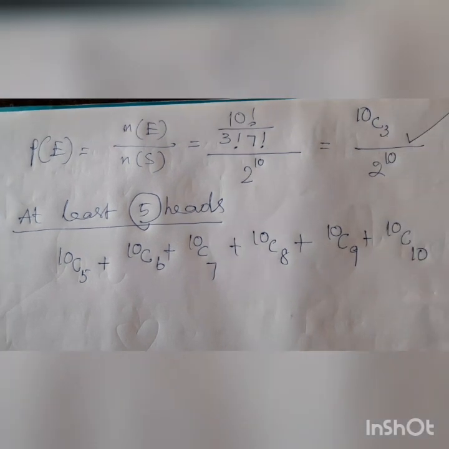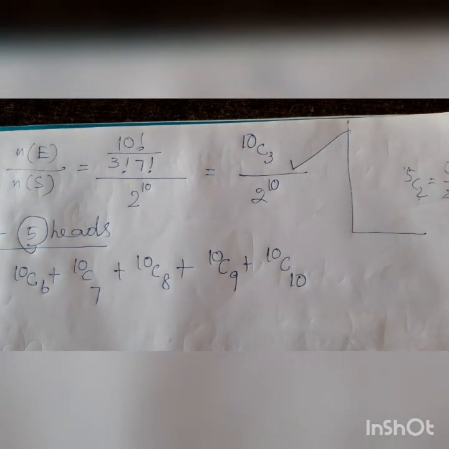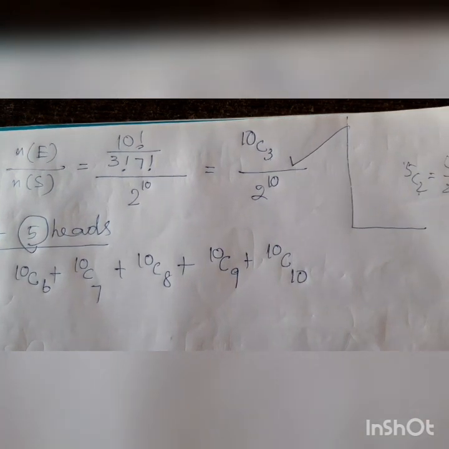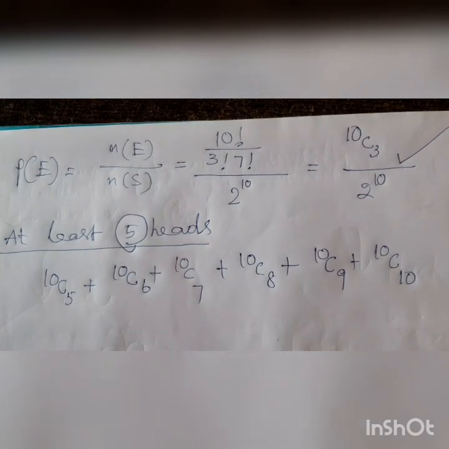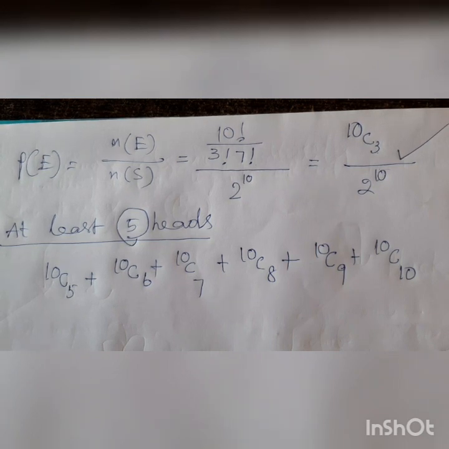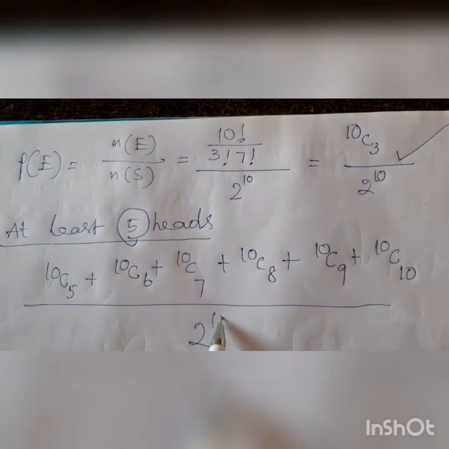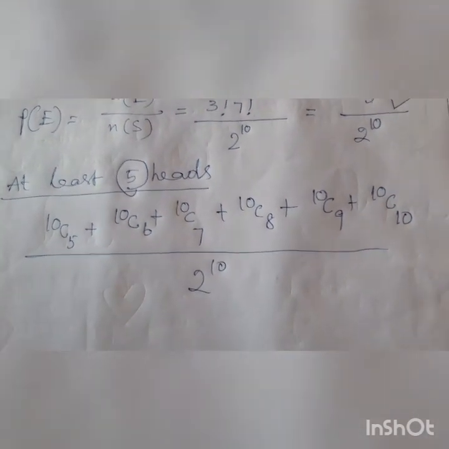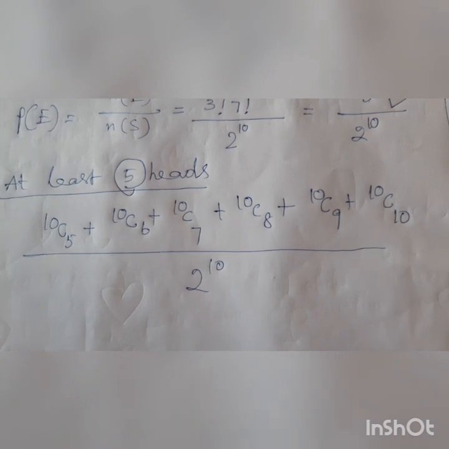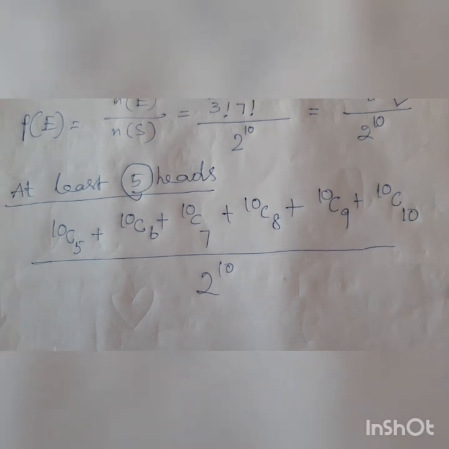Then 10C5 plus 10C6, 10C7, 10C8, 10C9, 10C10. These are the ways, this is the selection, whole by 2 to the power 10. That's all, and you will simplify this one.